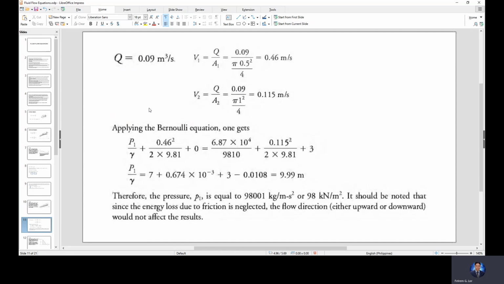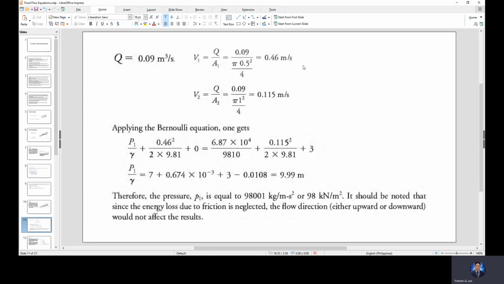Then we can solve for V1, the velocity at point 1, which is Q over area. So 0.09 over the area, and the velocity at point 1 is equal to 0.46 meters per second.